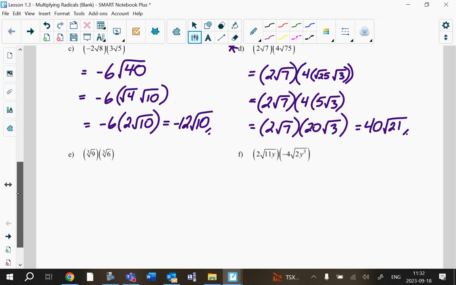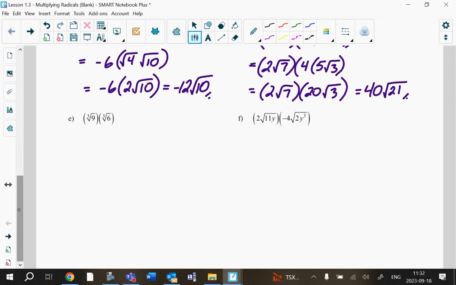How about this next one? What do you think the answer would be when I multiply these two? Not quite. You haven't said it all. Cube root 54, which can be simplified, but now you've got to think of your perfect cubes, not your perfect squares. There is a perfect cube that goes into 54. Does 8 go into 54?